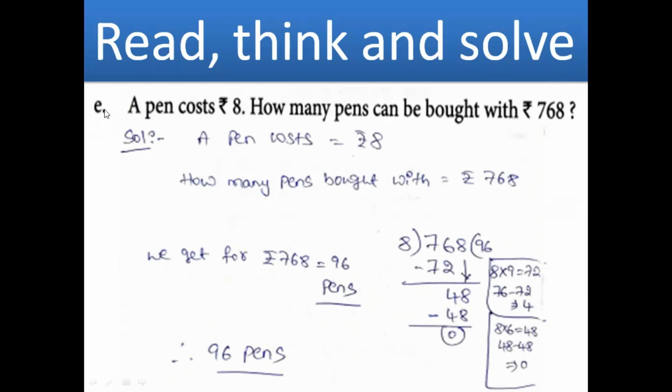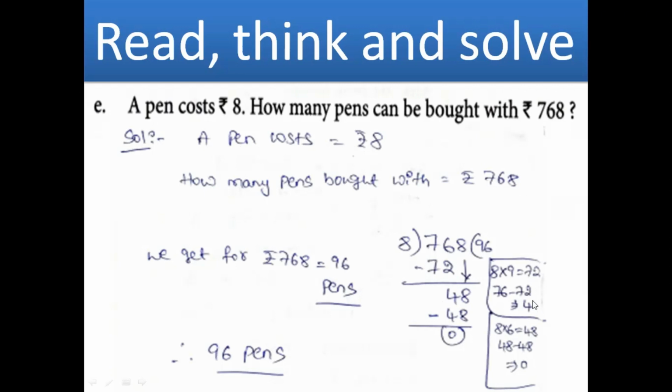Read, think and solve. A pen costs rupees 8. How many pens can be bought with rupees 768? Solution. Now we divide. 8 in divisor, 768 is dividend. 8 nines are 72.